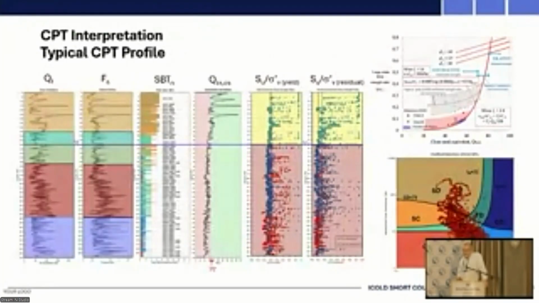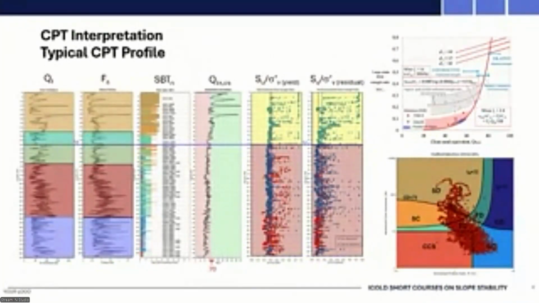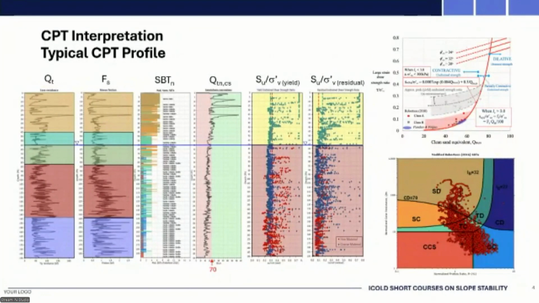This is a typical CPT profile, pretty standard output, in this case from Geologismiki or whatever. I never can say that word right. So we have tip resistance, friction ratio, sleeve friction, the soil behavior type from Robertson, QTNCS.